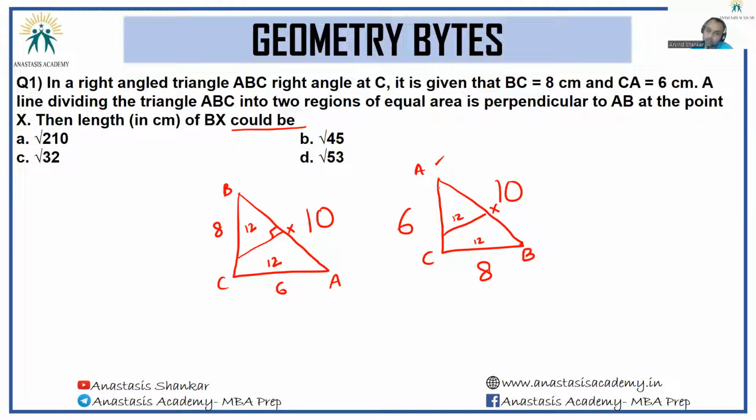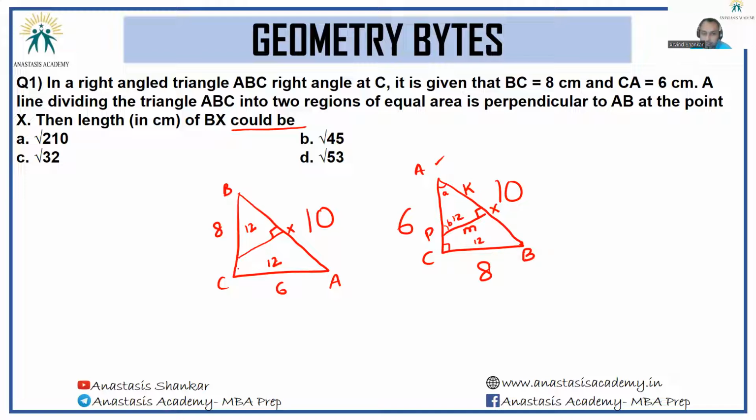So if this is angle A, this is perpendicular as the question says, this is angle B. So let's see. I'm saying this is length K, this is length M. Look at triangle AXP and ACB.